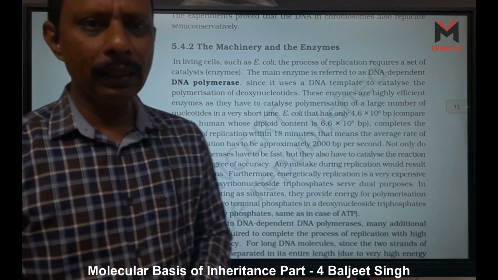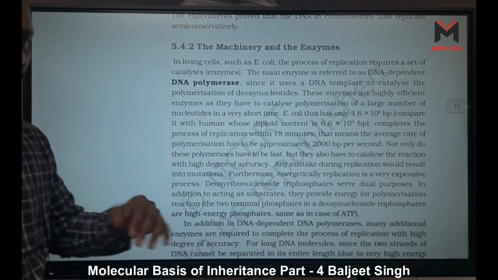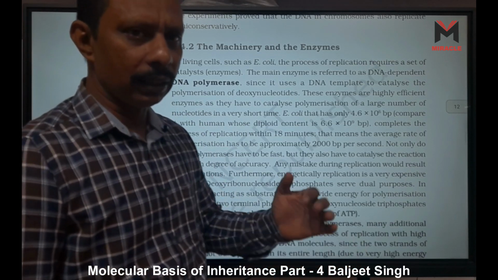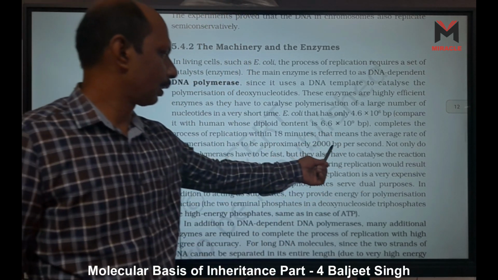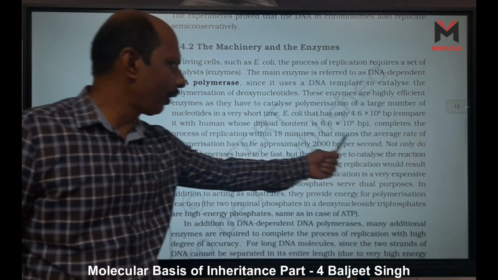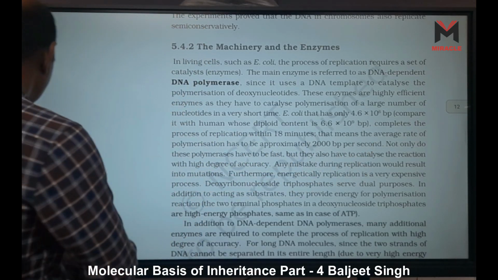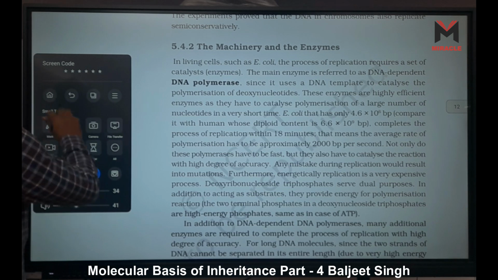That E. coli completes the replication, meaning a single DNA converts into 2 DNA within 18 minutes, right? That means the average rate of polymerization. Here you can understand how rapid this process is.